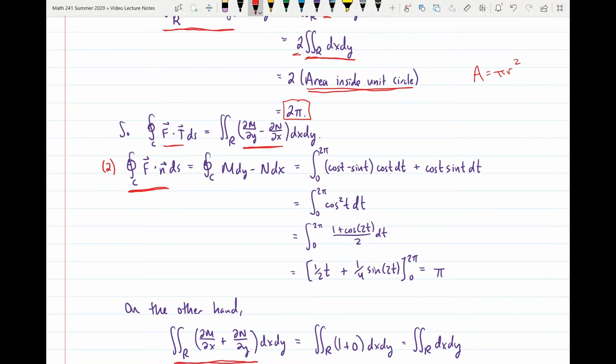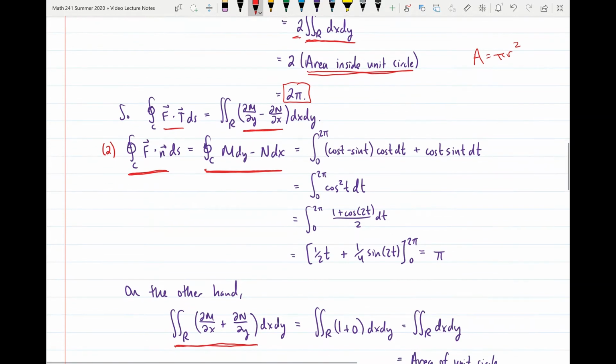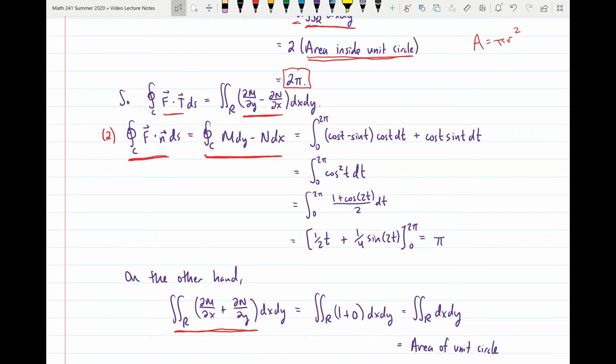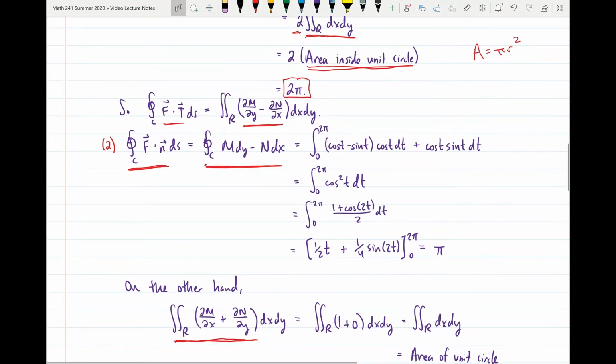So notice that we can write F dot N as the line integral of M dy minus N dx over our simple closed curve C. So this is just rewriting the line integral in another form that we already had from section 16.2. And this will equal the ordinary integral from 0 to 2 pi of cosine t minus sine t times cosine t dt.